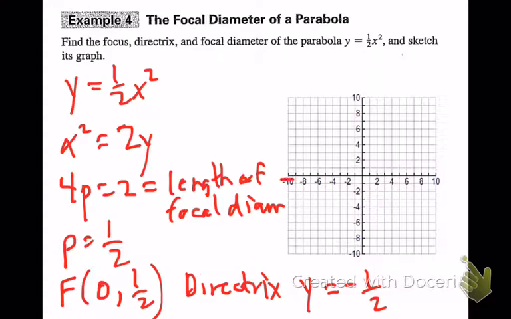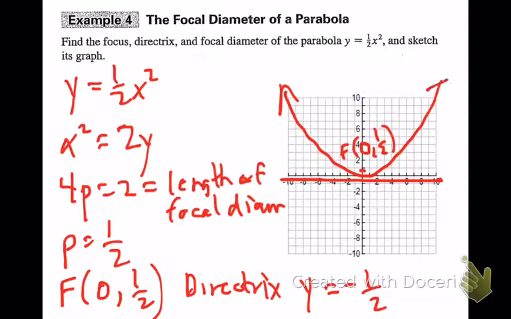So we have the directrix at -1/2, the focus at 0, 1/2, and then we have the parabola. Alright, so there's our parabola. So we found everything we needed to.